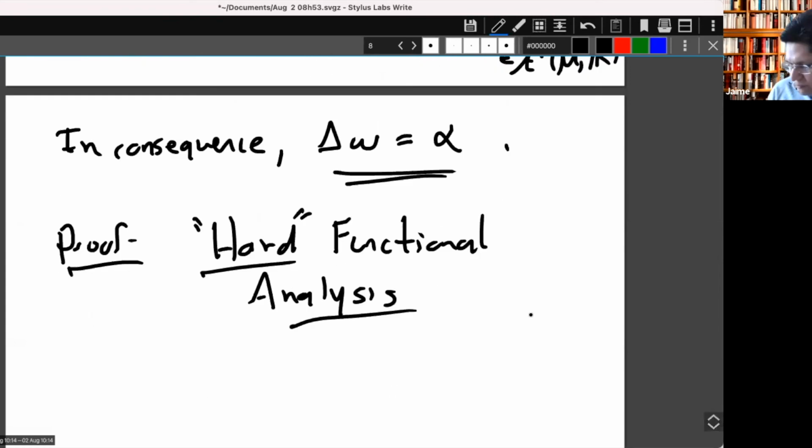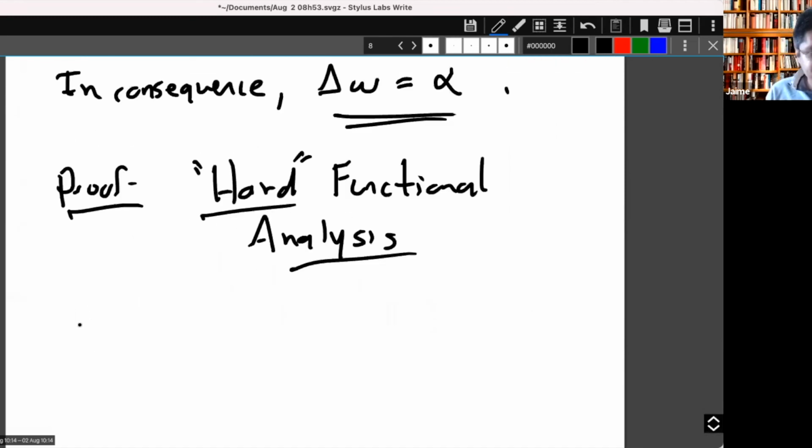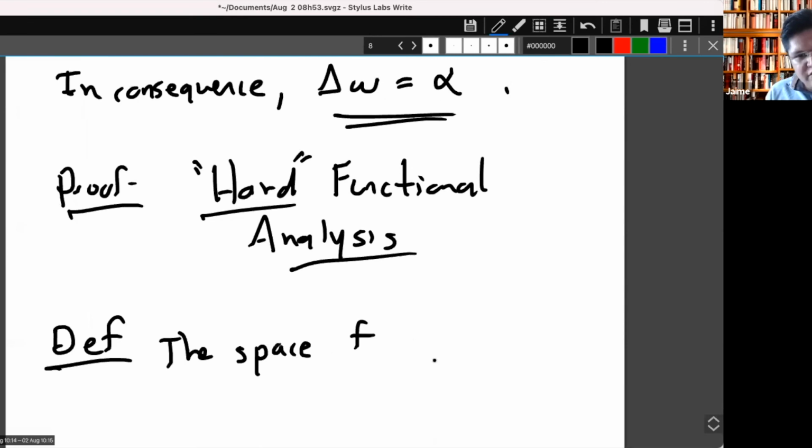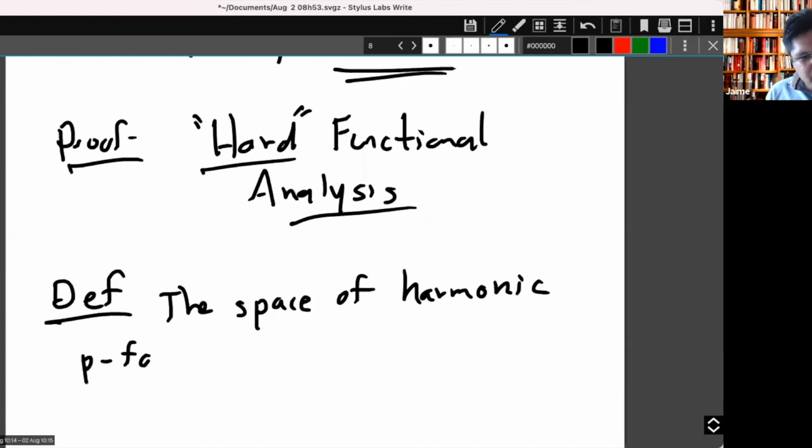Okay, so once we know this, how do we relate this to the previous part of the theory? First of all, we introduce the space of harmonic p-forms.